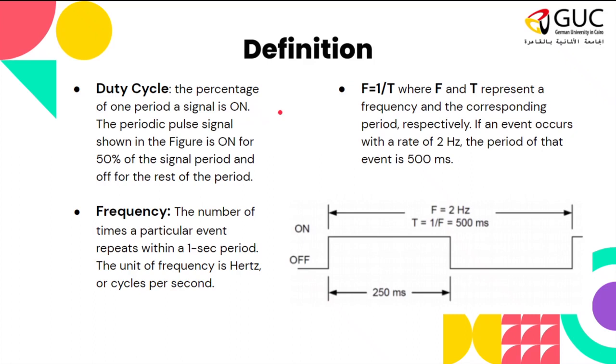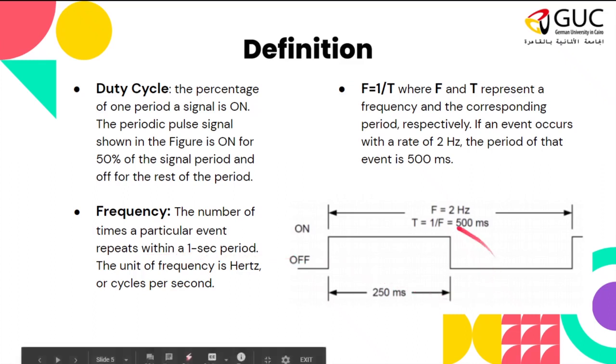The first thing to do is to identify the duty cycle, which is the percentage at which the signal is on per one period. The second step is the frequency. The frequency is the number of times a particular event repeats itself within 1 second.